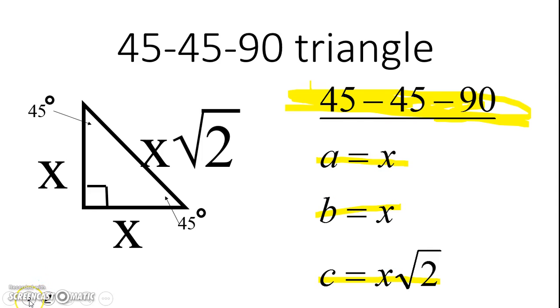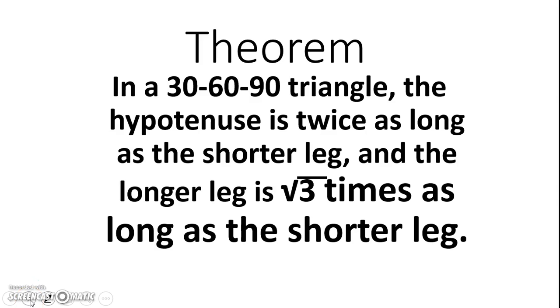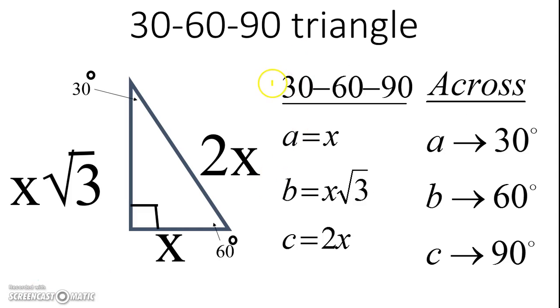And then for our 30, 60, 90, we have the hypotenuse is twice as long as the shorter leg, and the longer leg is root 3 times the shorter leg. So that formula, 30, 60, 90, A equals X, B equals X root 3, and C is equal to 2X. Now I know that you're probably wondering, how do I know which one's A, which one's B, which one's C?